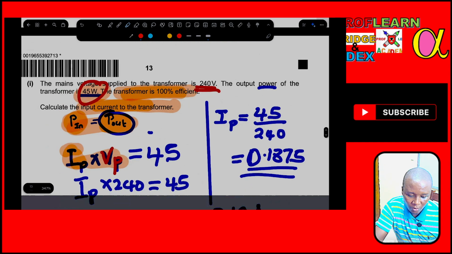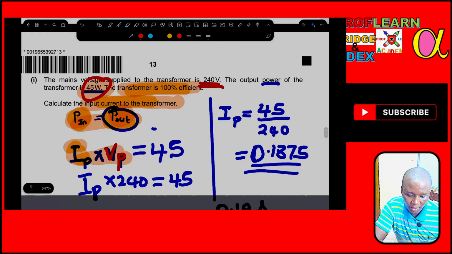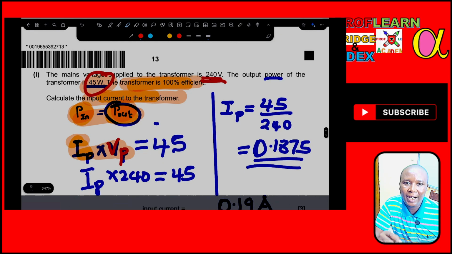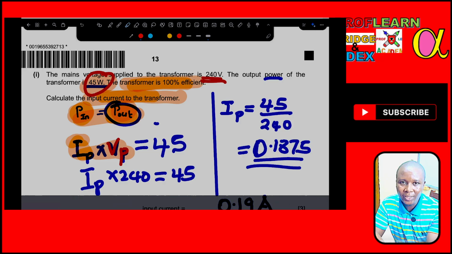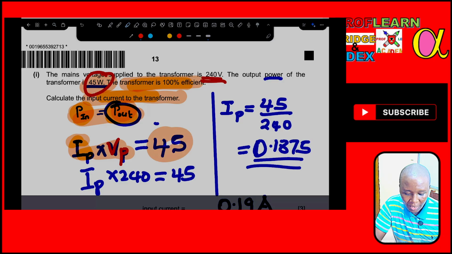Power out is calculated from current in the secondary coil times voltage in the secondary coil, but current times voltage is power, so there's no need to do current in the secondary coil times voltage in the secondary coil, because that is basically the power that is provided.